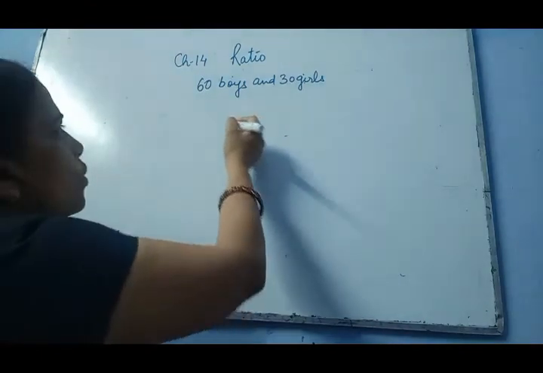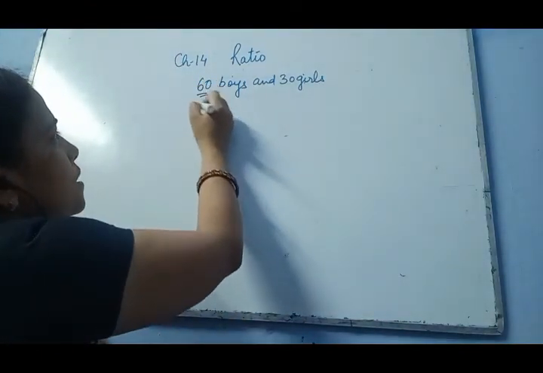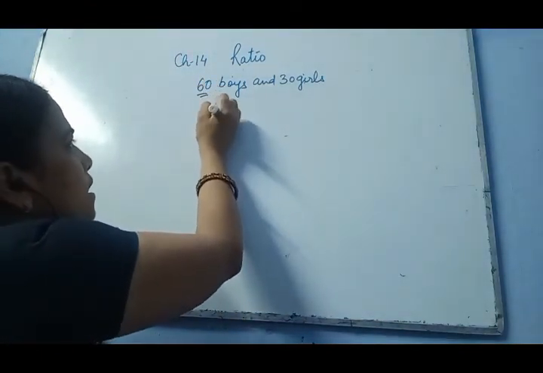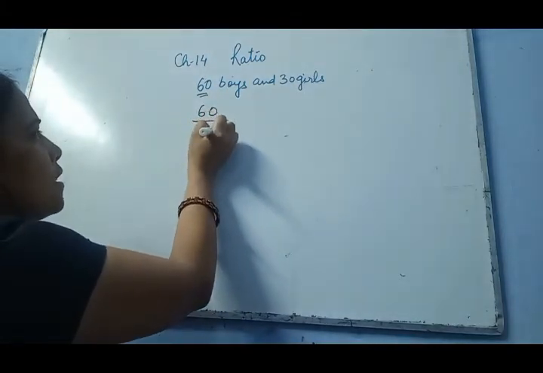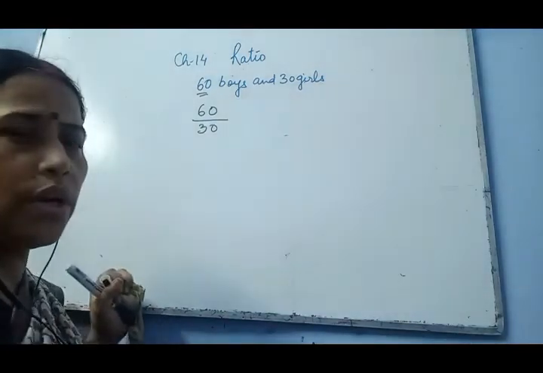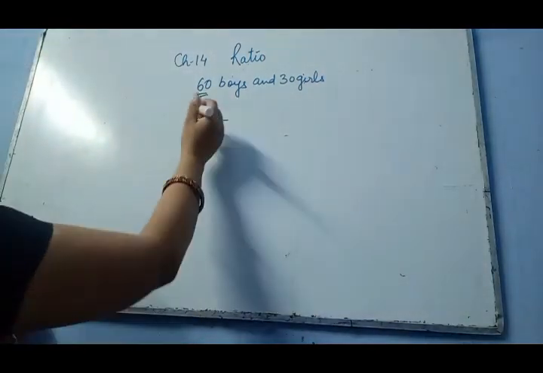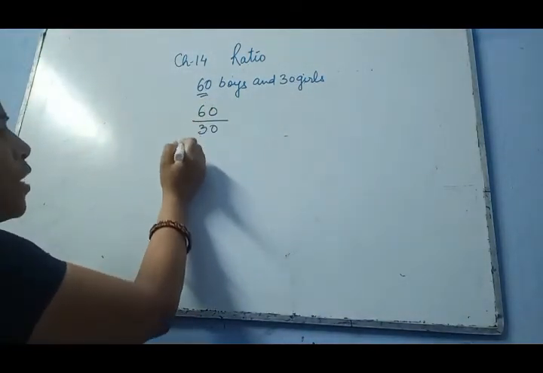So how are you going to find out? How many boys are there? 60. And how many girls are there? 30. So we are going to divide this 60 by 30 to find out the ratio.